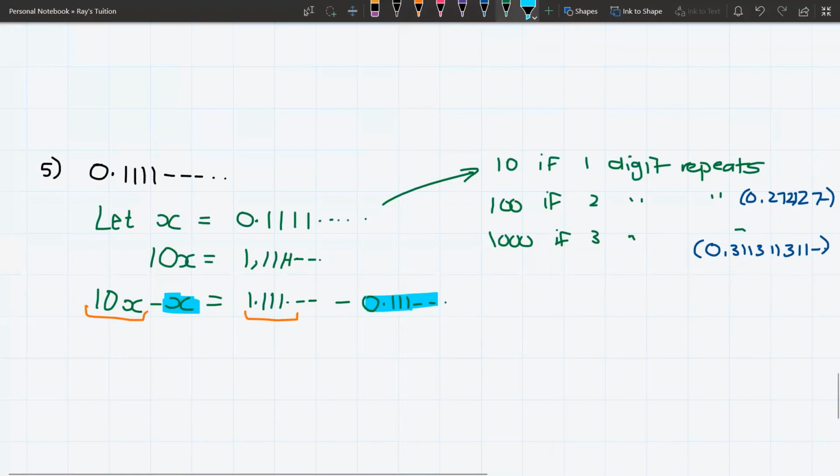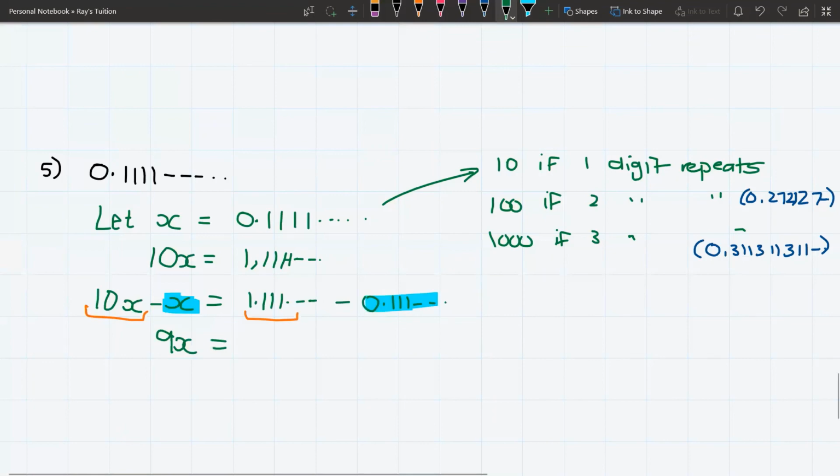So 10x minus x is just 9x, and then 1.11111 minus 0.11111. Basically, we're taking this and we're subtracting the tail. Can you see that's the tail?